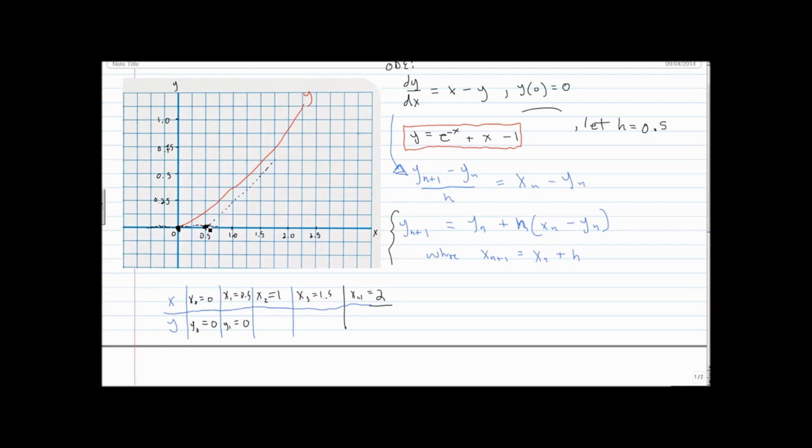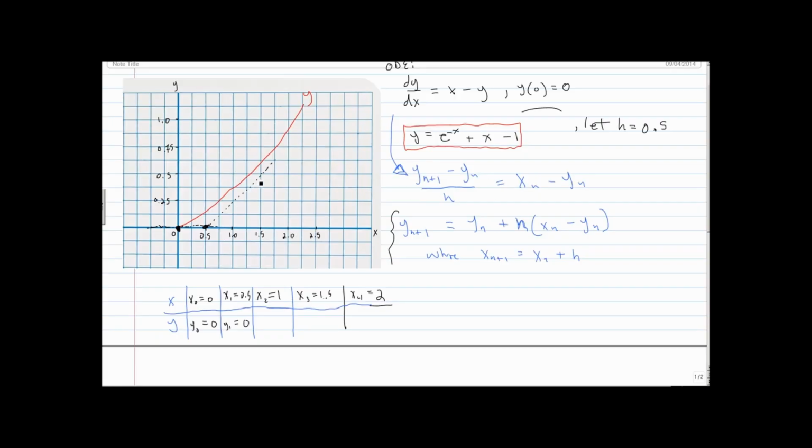Our next x and y coordinate is going to lie somewhere along this line. You can see how Euler's method sort of takes your last position and then extends it up based on the slope and then plots the next point somewhere along that line.